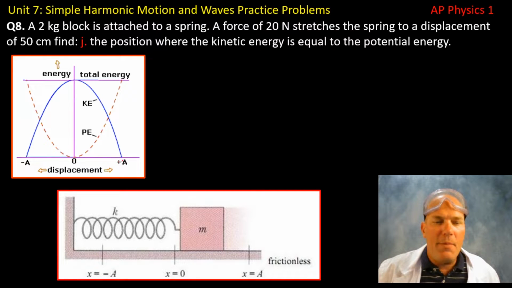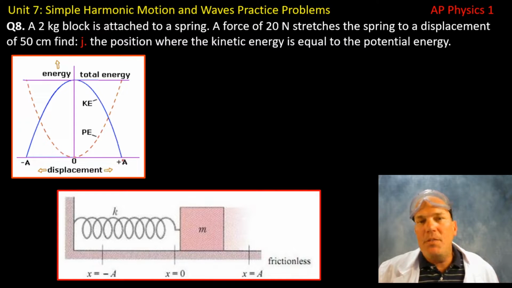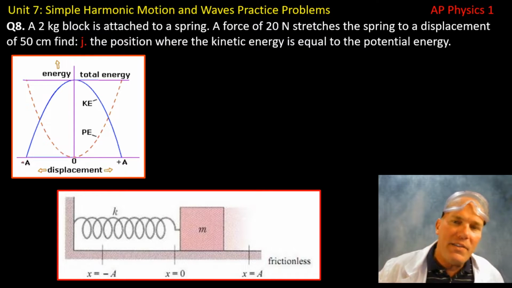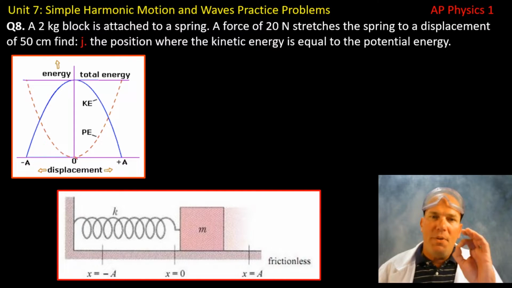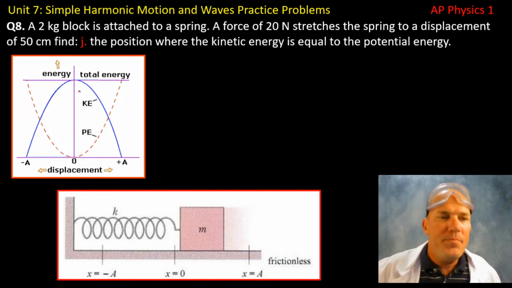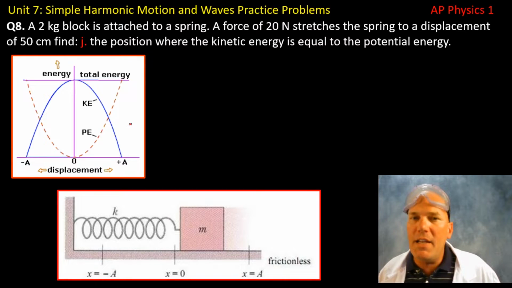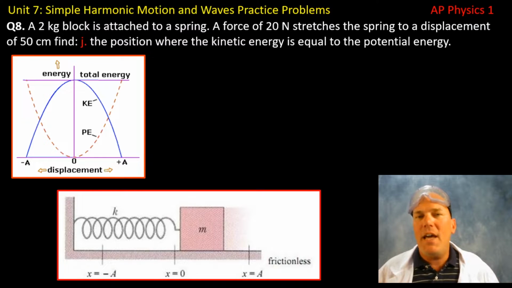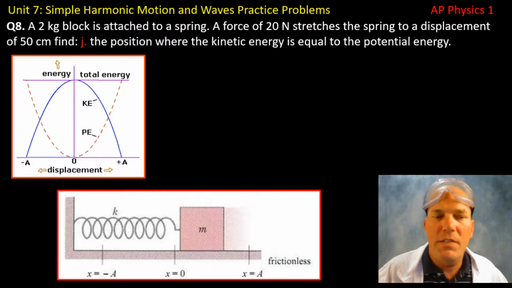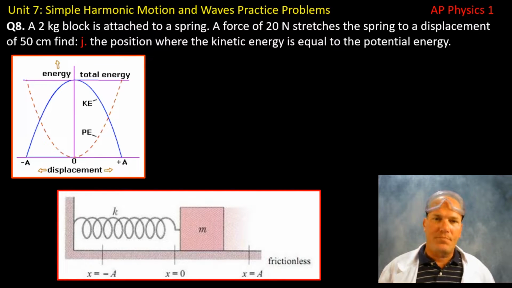We have the amplitude, which is the position. So this would be max position to the right, and this would be max position to the left. 0 position is equilibrium. And we have the kinetic energy in blue, and the dashed red line represents potential energy.